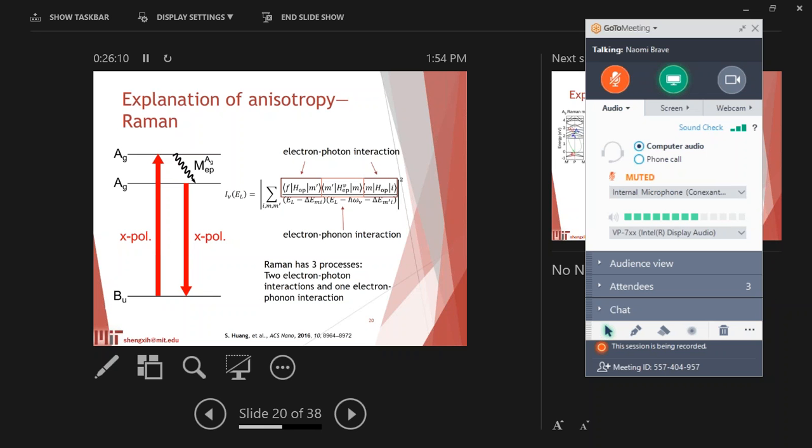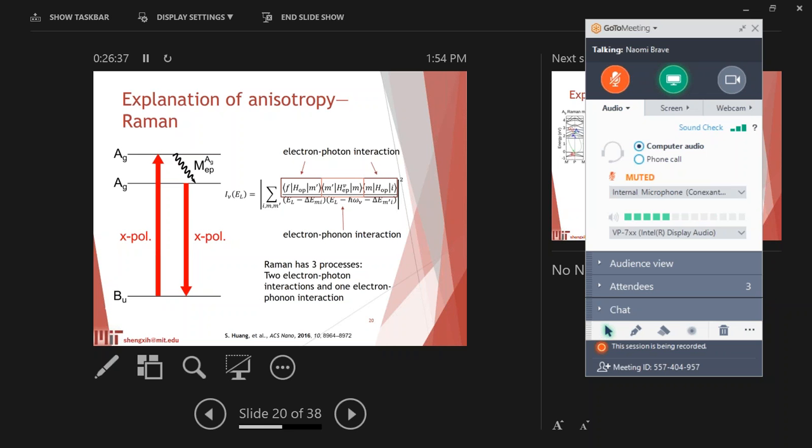And then this electron in this intermediate state will scatter with the phonon, which is electron-phonon interaction. And this electron will be relaxed to the second intermediate state, as you can see here. And finally, this electron in the second intermediate state will emit another photon and be relaxed to the initial state. And this is also electron-photon interaction.